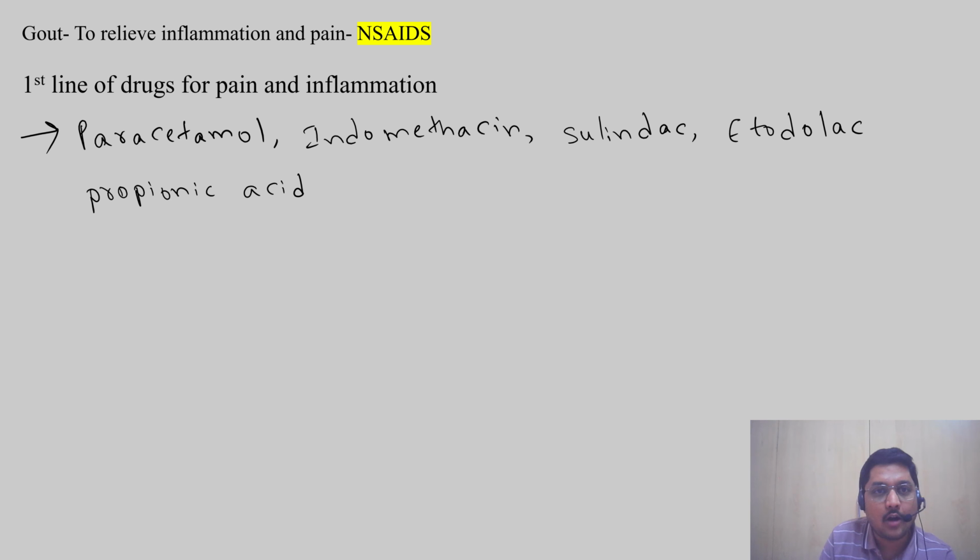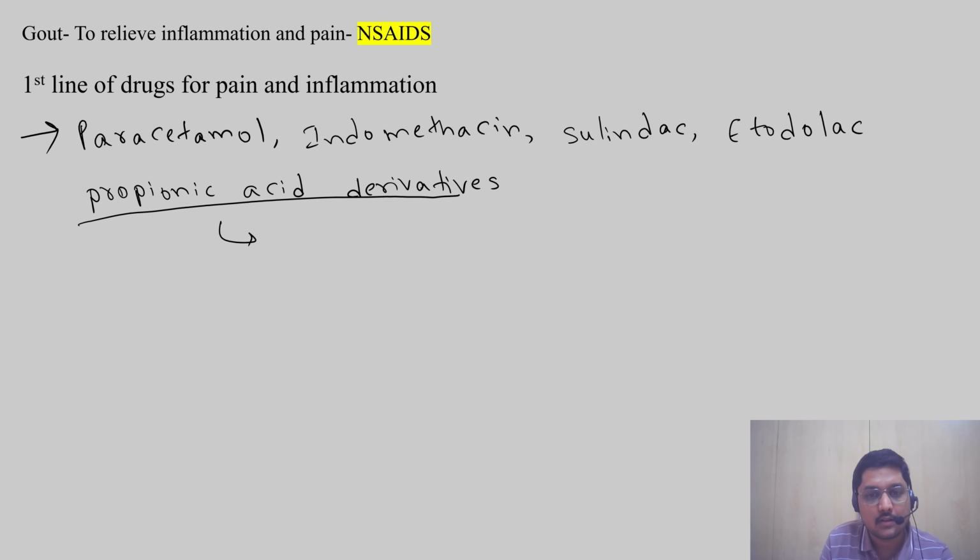All these are commonly used in the treatment of gout. What comes under these propionic acid derivatives? We know the list.